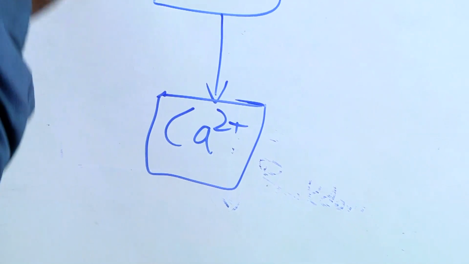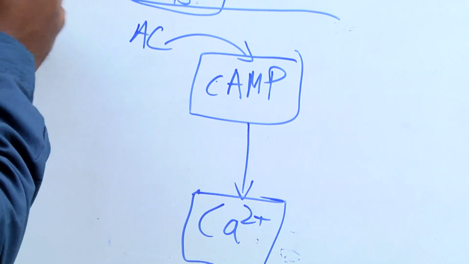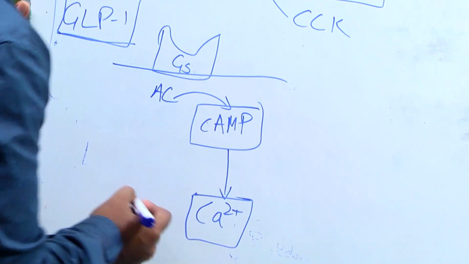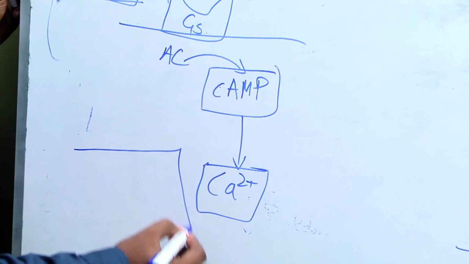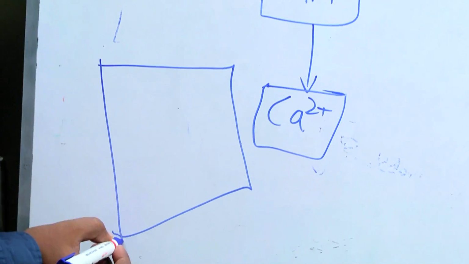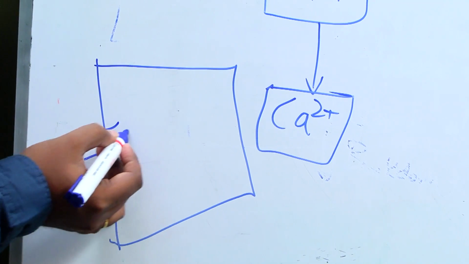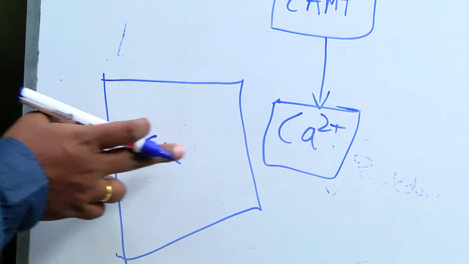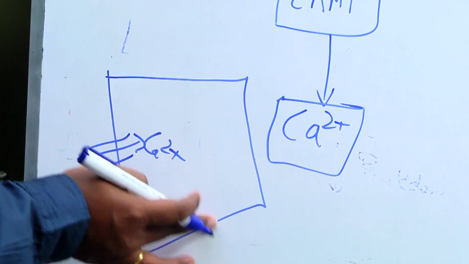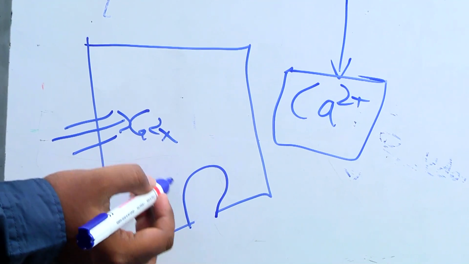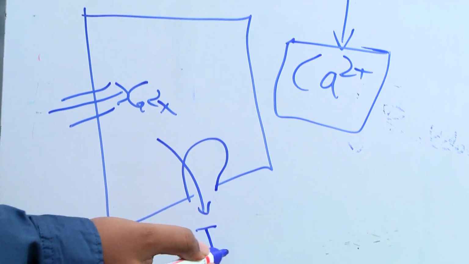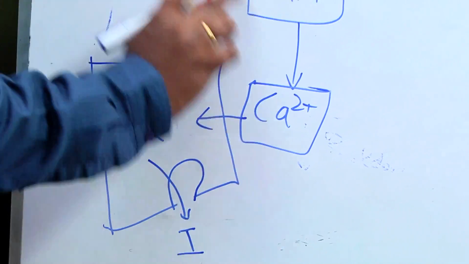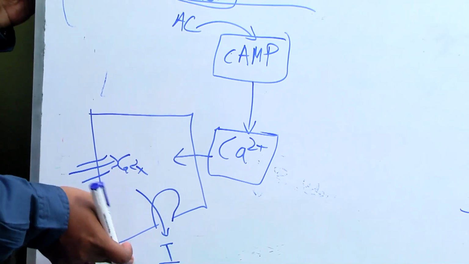So what is the function of this GLP? What it does is that this increased calcium, which we saw earlier, the opening of the calcium channels or intrusion of the calcium into the cell will cause the secretion of insulin from the granules, right? So this is how the GLP-1 causes secretion of insulin.